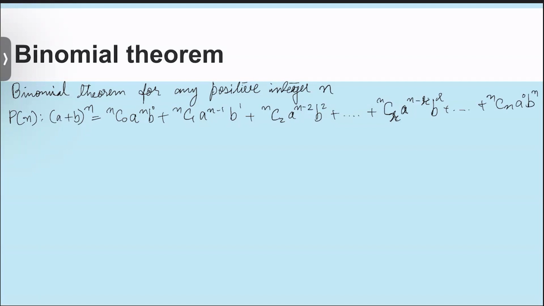So this is what we know: for any positive integer n, this expansion holds true.